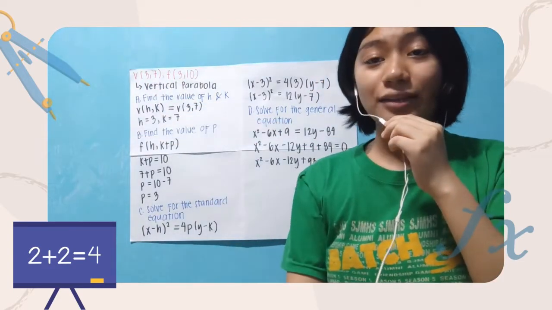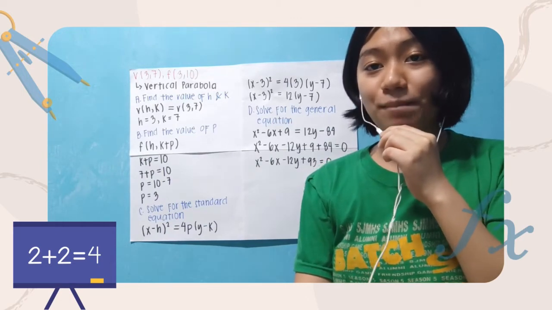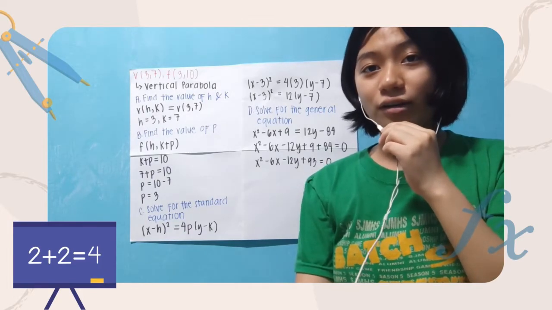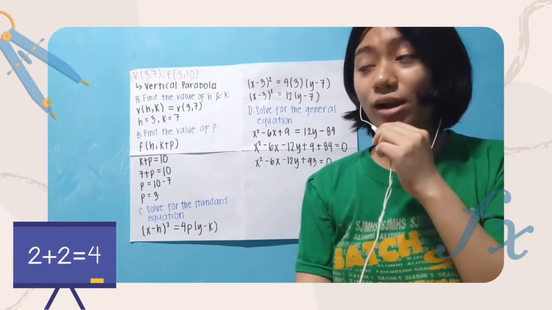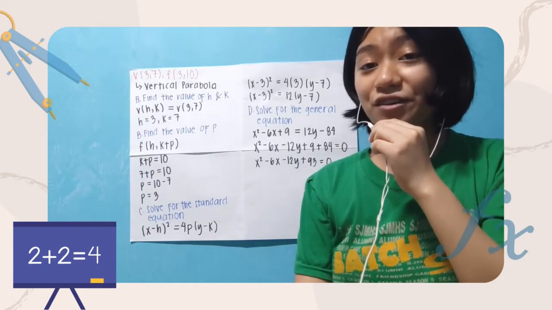By referring to the table, this only happens when the parabola is vertical. Therefore, the parabola here is an example of a vertical parabola.